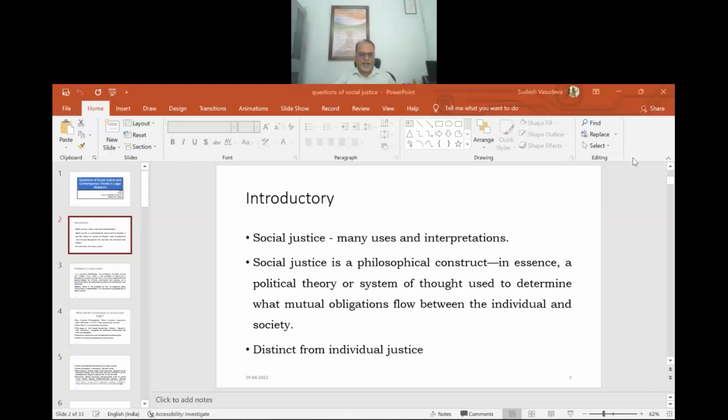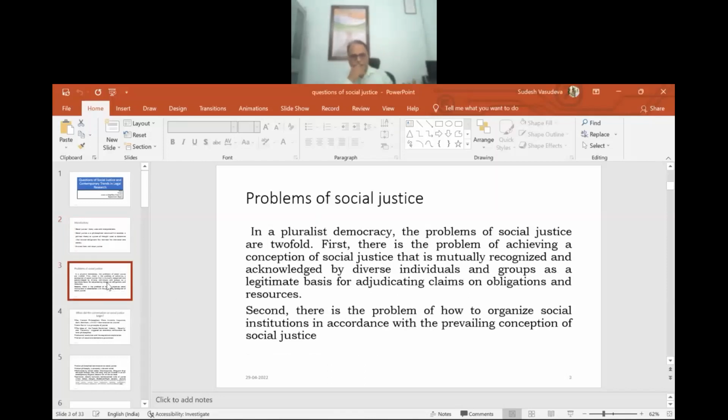So what we find here is the problem of defining social justice in a pluralistic society, a pluralistic democracy like India.